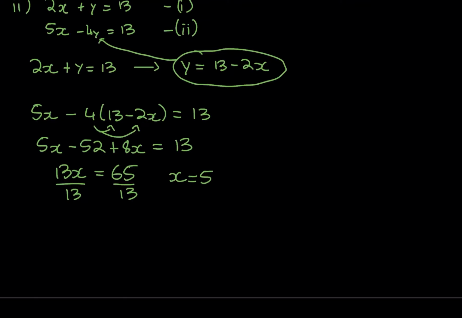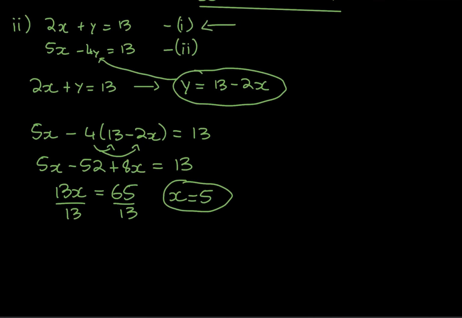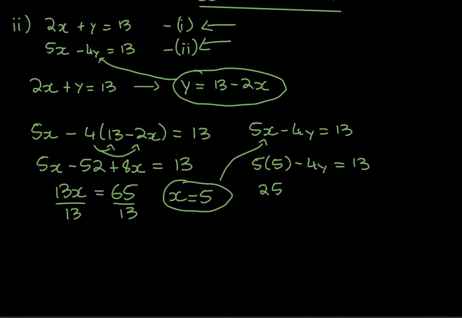Now I'll take this x and plug it into either of these equations. I'll pick the second one in this case, 5x minus 4y is equal to 13. I'll plug in x. Then I get 5 times 5 minus 4y is equal to 13, which gives me 25 minus 4y is equal to 13. 25 minus 13 would be 12, which is equal to 4y.